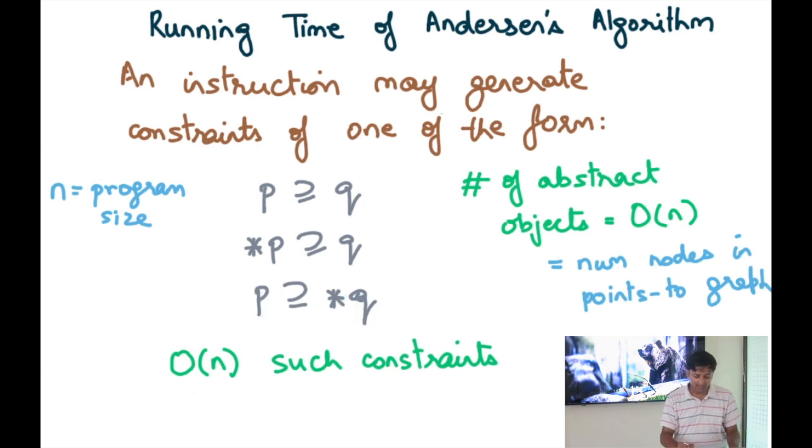The number of such statements in the program is also order n, because most of the program will be made up of statements that resemble assignment, copy, or dereference, and so there will be order n such constraints as well. So with that, let's move on.